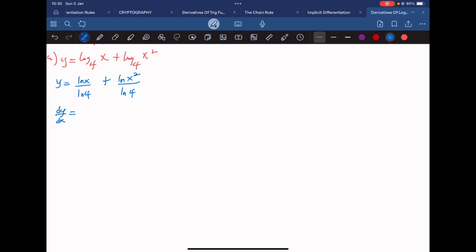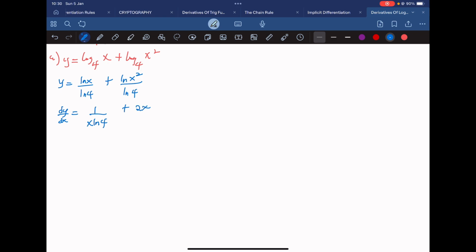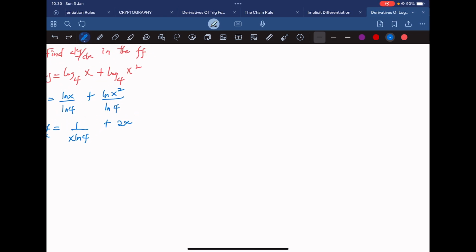The right hand side, for the first term, we are just going to have 1 over x ln of 4. In the right hand side, for the second term, we are just going to have 2x, remember, out of x squared ln of 4.